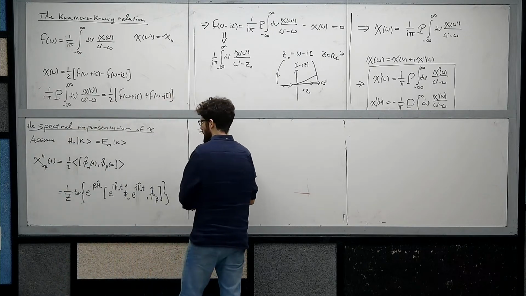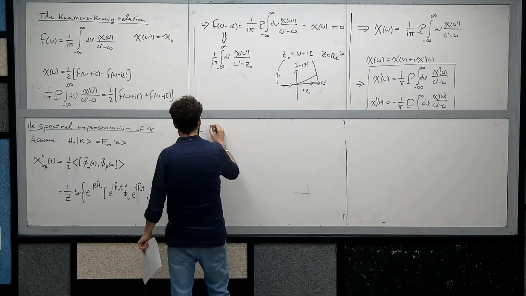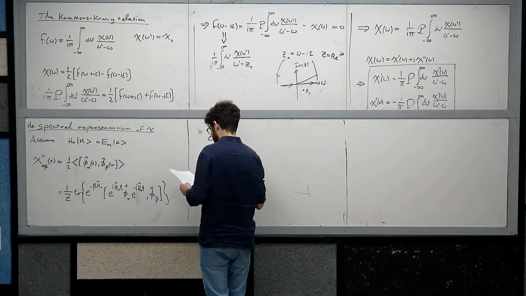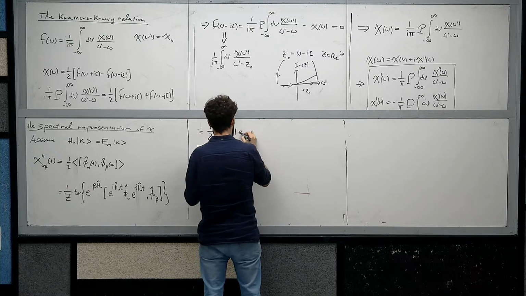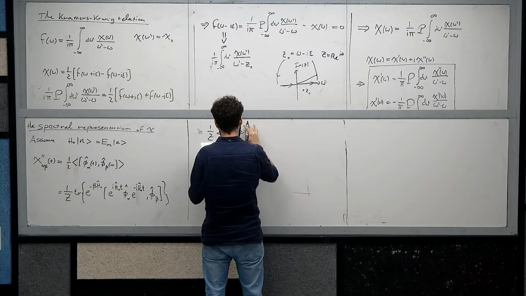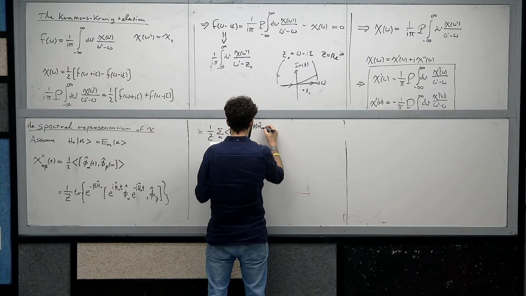Okay, using this spectrum, we can rewrite this as 1 over Z sum over n e to the minus beta H, i t plus i beta H naught.